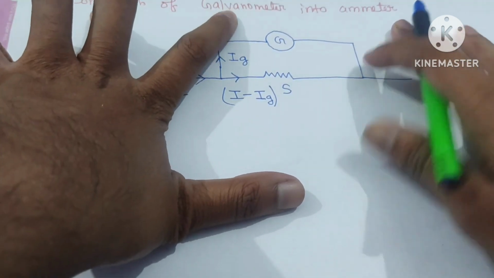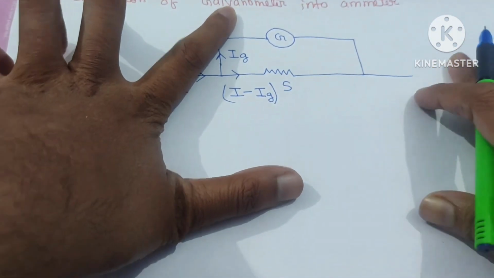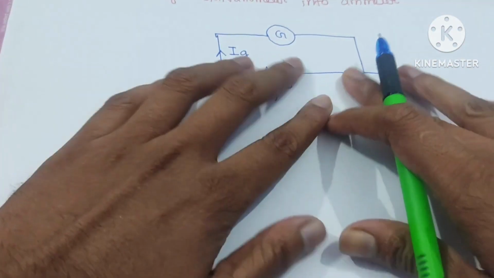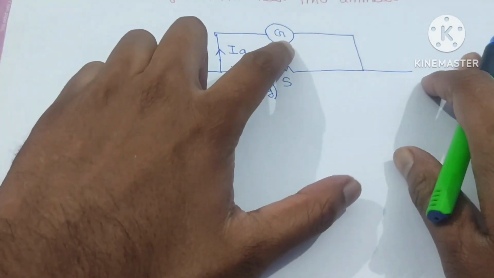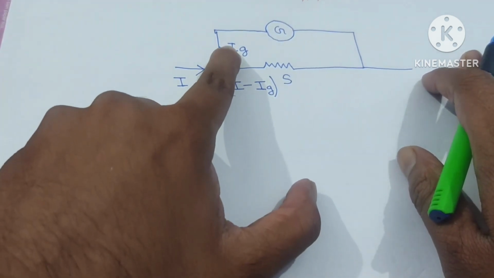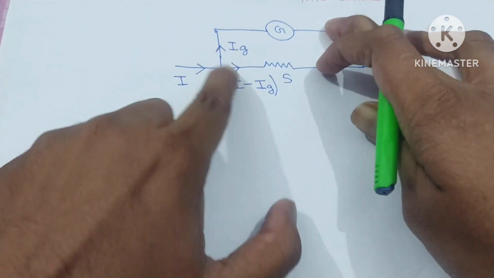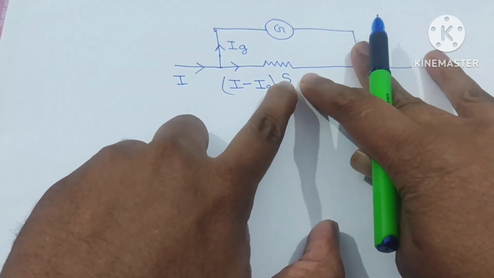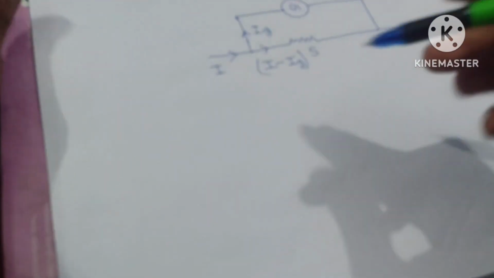Today we'll know the formula which is required in conversion of galvanometer into ammeter. So the conversion of galvanometer into an ammeter is represented as, like, this is a galvanometer, and when current is passing through, it will divide into I G for the galvanometer and I minus I G for a shunt resistor. So go ahead.